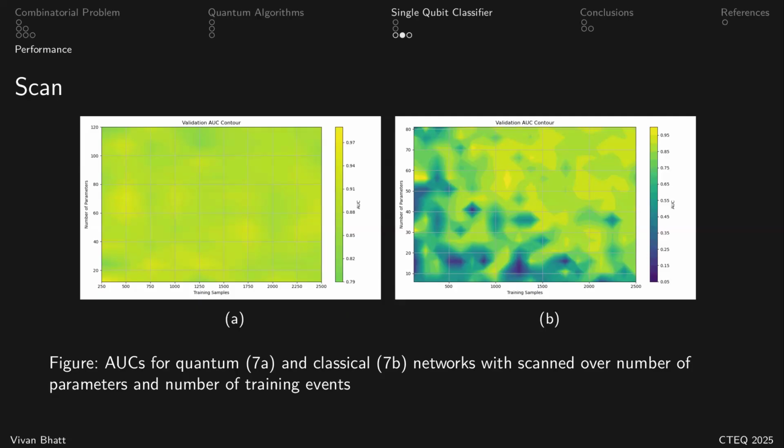For the neural network on the right, it goes from 0.05 to 0.95. And the quantum network seems pretty stable for even as little as 20 parameters and 250 training samples. You still have an accuracy of well over 80–85%. So it's much more expressive with limited data and with limited number of parameters.